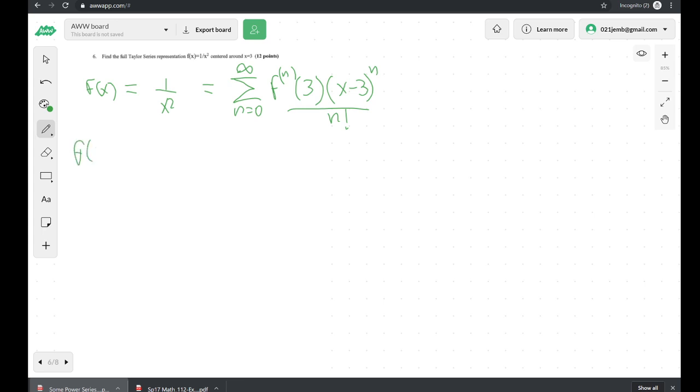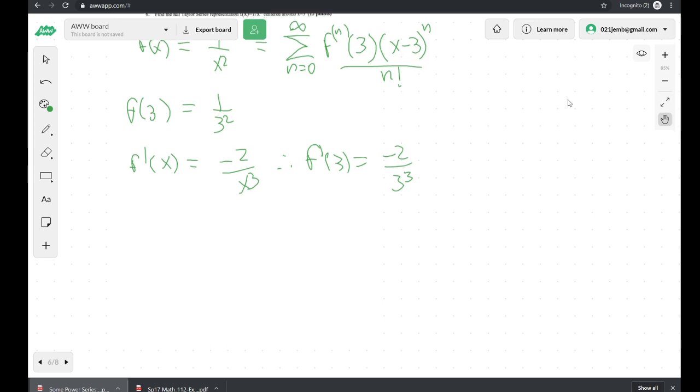So f of 3 is just 1 over 3 squared, right? f prime of x is going to be negative 2 over x cubed, and therefore f prime of 3 is equal to negative 2 over 3 cubed. So we're starting to see a pattern. We see that the denominators have 3 to some increasing power.